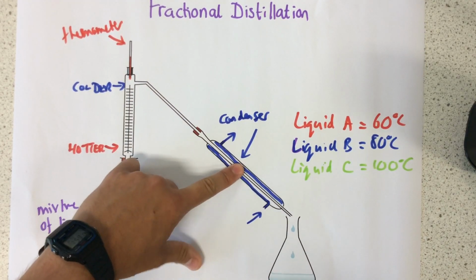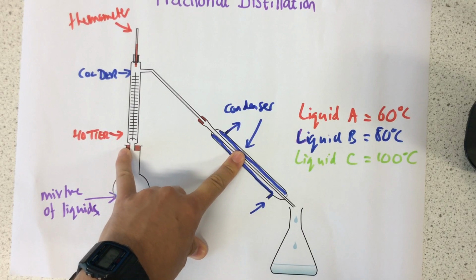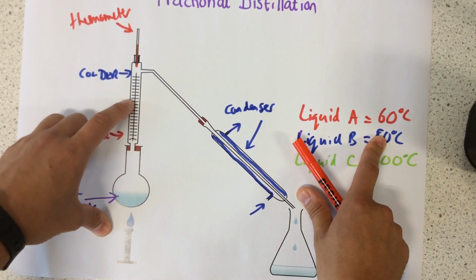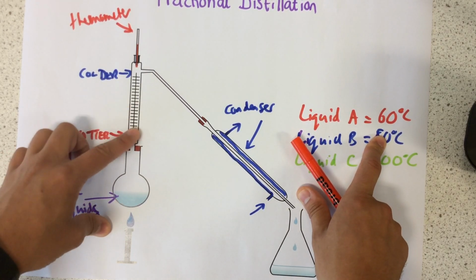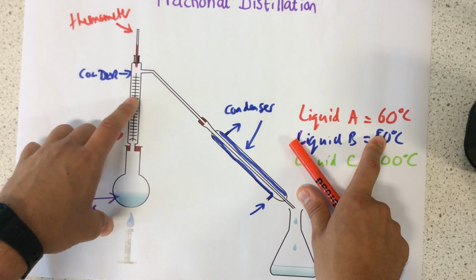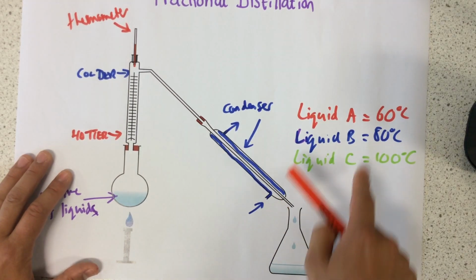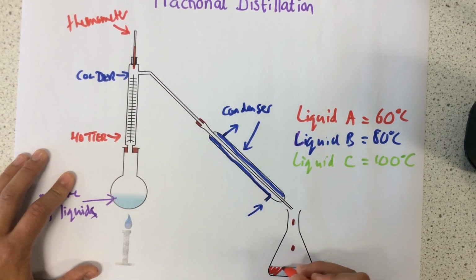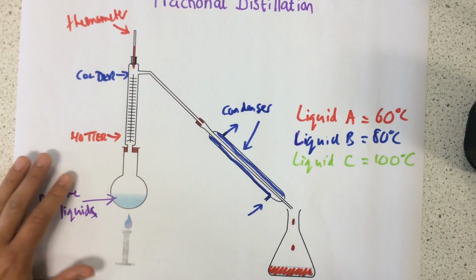When it gets to the condenser, that will turn it back into liquid. If, let's say, liquid B evaporates, it might get up to around here on the column, and then it might just drip back down because it will condense here instead. So the first liquid you'd separate would be liquid A. So you can collect that whole liquid there first.